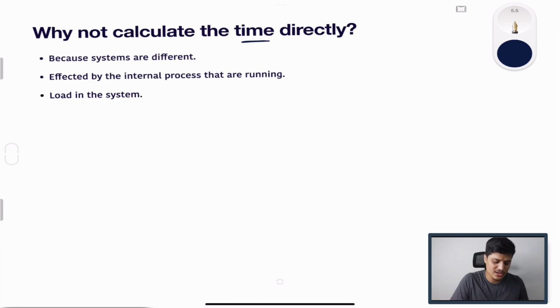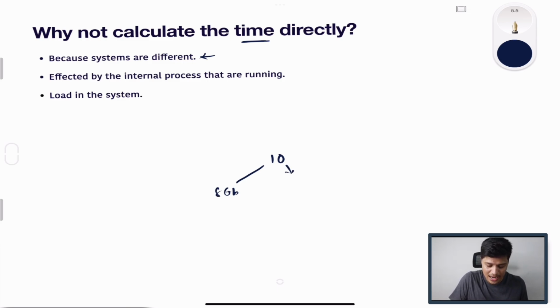So the very first reason why we are doing all this analysis is because we have different systems. For example, let's just assume that the team that I am working in has 10 people. As part of these 10 members, I might be using a system which has 8 GB RAM.